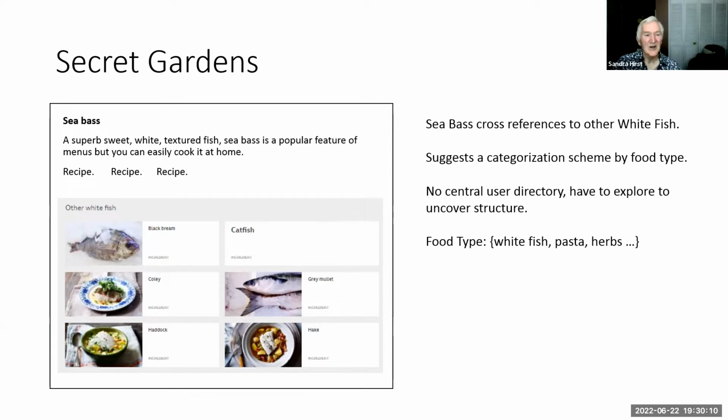So I looked up the ingredient for spaghetti, scrolled to the bottom. There it was, other pasta. Brilliant. There's a categorization scheme that's already there, but it's not central. I have to dig and look at a number of different ingredients to try to piece it together. So that was secret garden number 1.